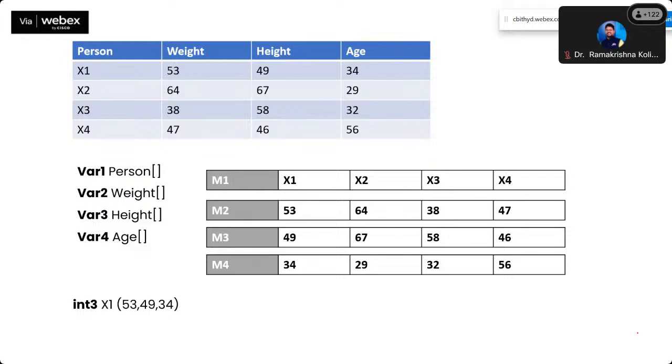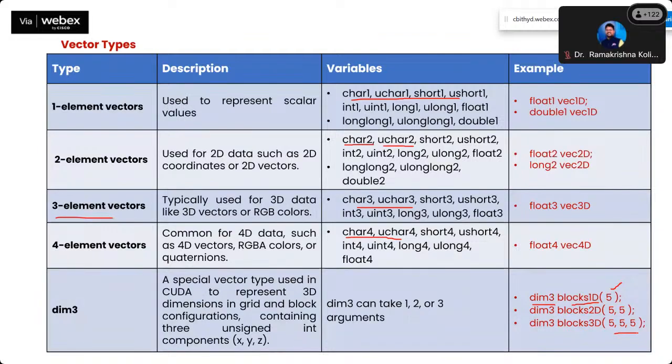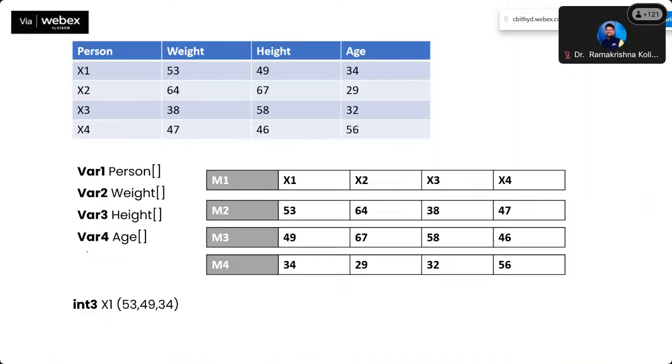Now I will explain the meaning and importance of these vector types: 1D vector, 2D vector, 3D vector, and 4 element vector. Just think you have some data, like persons, and for each person you want to keep three pieces of information: weight, height and age.